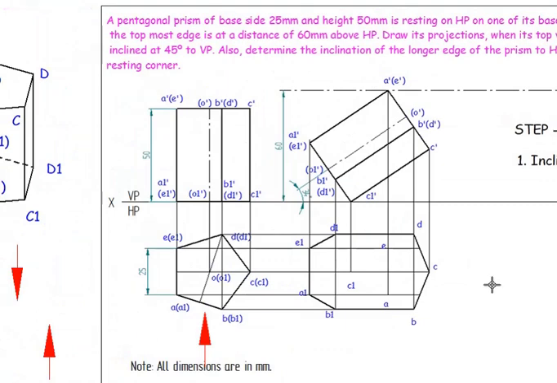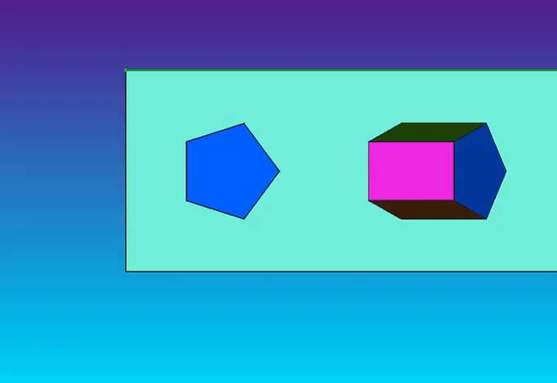Next thing is we need to see the nearest point for an observer. The nearest point for an observer is A dash, E dash. Here in the top you can see this is A dash, this is E dash. The line joining A dash is joining to B, A to B, A to A1.